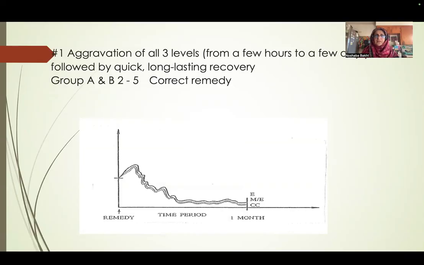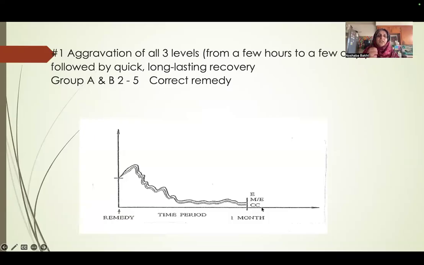But remember the first group. Why am I mentioning the first group only at this point? Because we are also looking at the levels of health and the response of these people to the remedies. Whenever you give a remedy to a person, there is a response on the mental, emotional, physical, and energy levels, and in concomitant complaints.